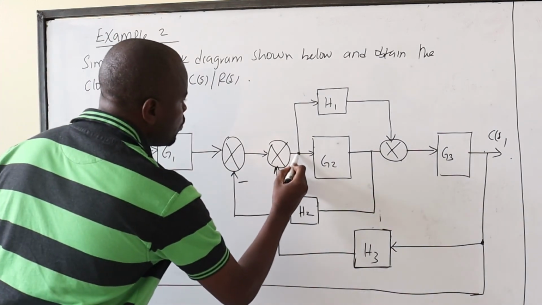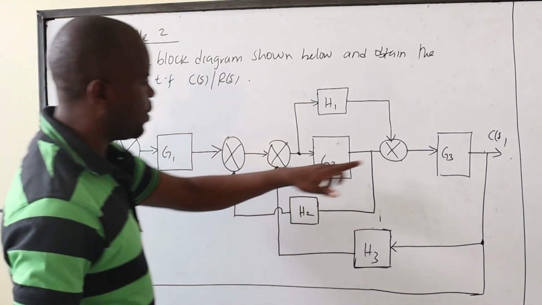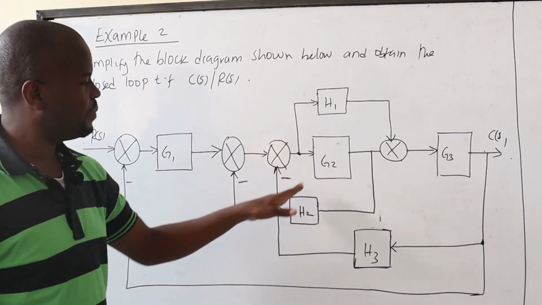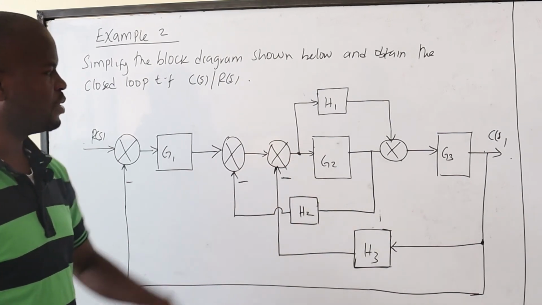As we interrogate the rules, we start by looking at which rule we are going to use. In this case, are there blocks that are in series? We cannot say this block and that are in series because there are summing points between them. Between G1 and G2 there are two summing points and also a pick-off point.